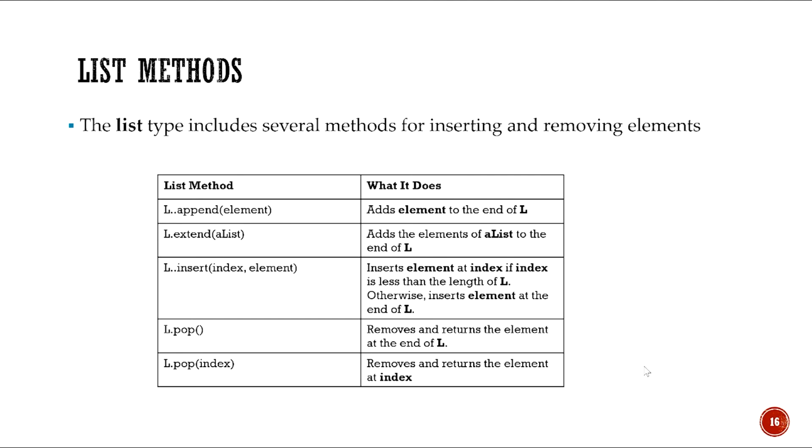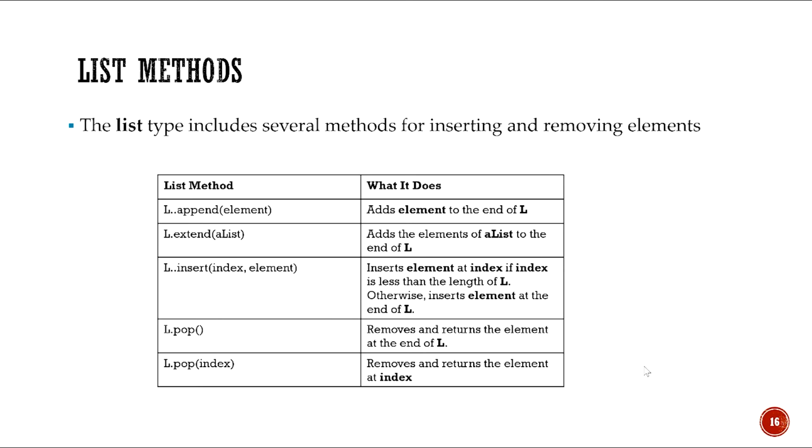The list type includes several methods for inserting and removing elements, and we are going to see how they work in several examples. The first list method is append, which adds element to the end of L, and we usually use append when we want to read data from external files, from text files or Excel sheets.